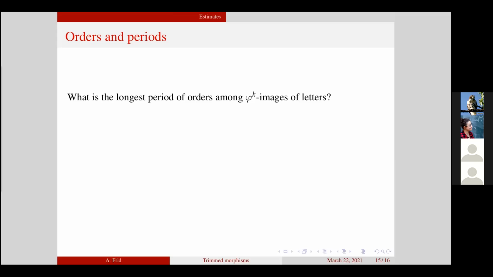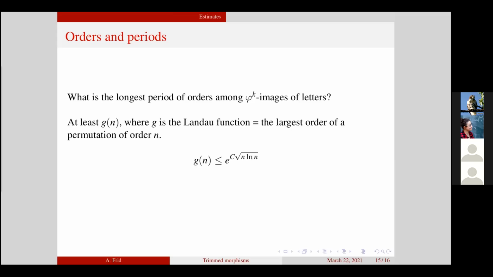How long can it be over 4 letters, 5, and so on? So this is a question which can be interesting, but I just know nothing about it. The lower bound for the length of the longest period is the largest order of a permutation for n.